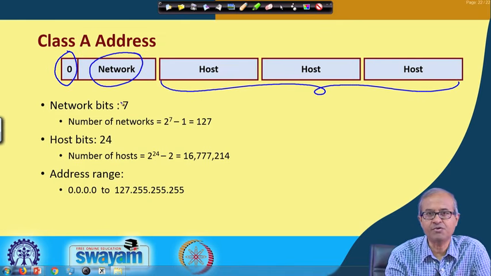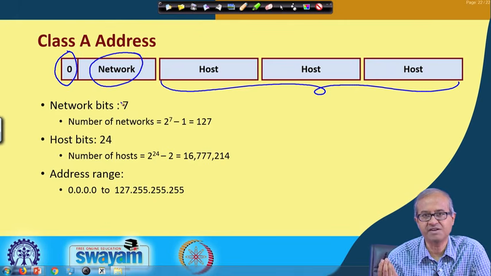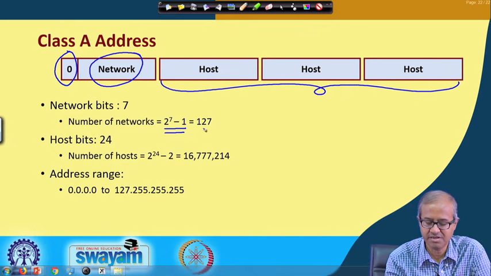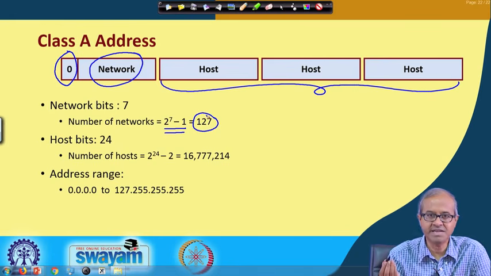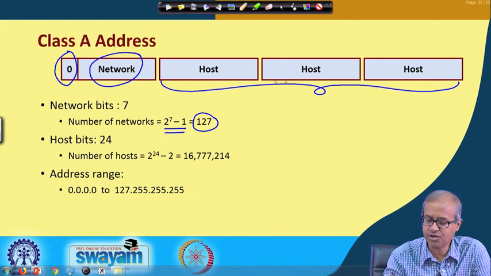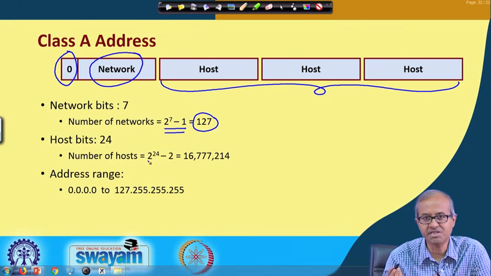Because there are 7 network bits, there can be 2 to the power 7 combinations. Out of them, the all 0 combination is not used, so there can be 127 possibilities. There can be 127 class A networks, and inside each such network there are 24 bits in the host part, so 2 to the power 24 combinations are possible.